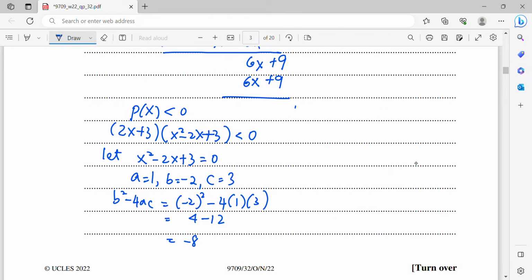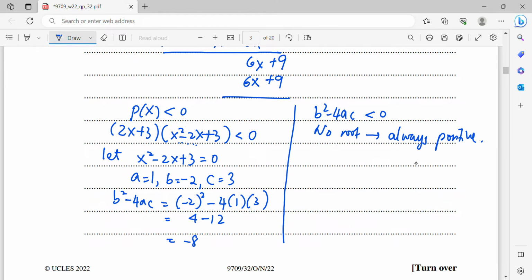So now, since your b squared minus 4ac is negative, which means there's no root for this quadratic. Okay, so you cannot factorize it. So no root, therefore always positive. Okay, this quadratic is always positive. So what we do here is, I will say x squared minus 2x plus 3 is always positive.